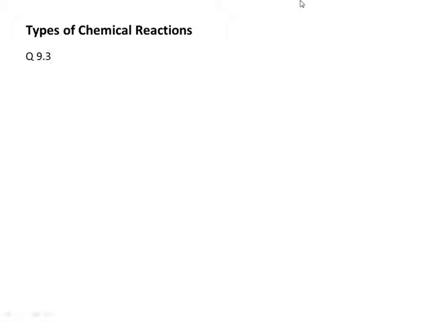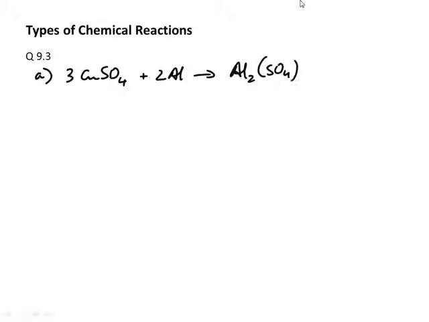Okay, so looking at A, the equation is 3 copper 2 sulfate plus 2 aluminum produces aluminum sulfate and 3 copper. Now in this reaction, we are starting out with an ionic compound reacting with an element, making a new ionic compound, which then kicks out the element from the cation of the first compound.